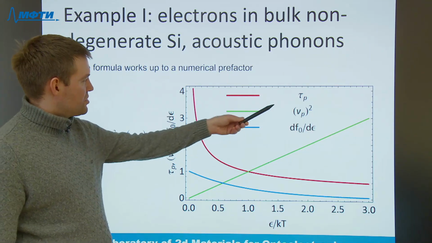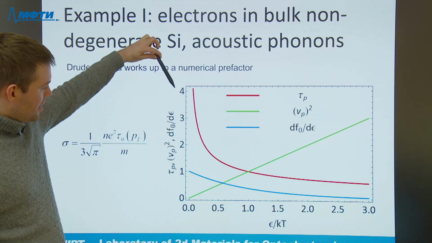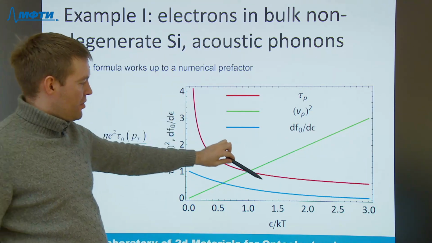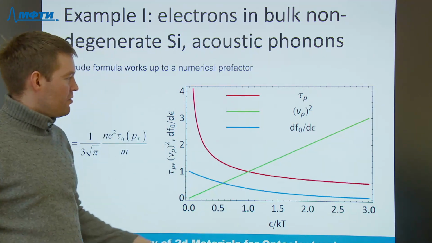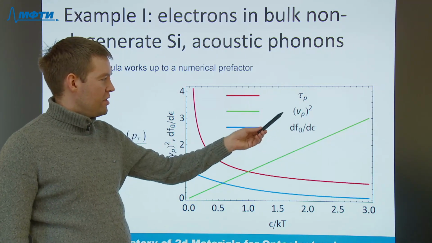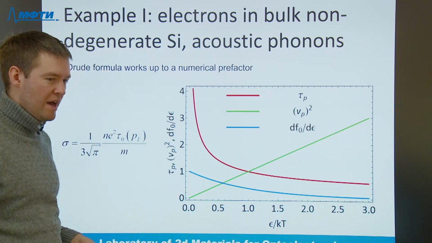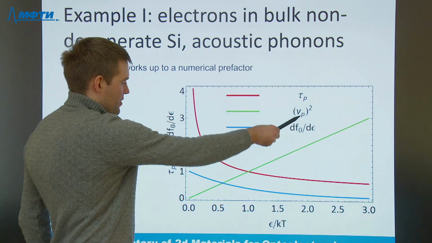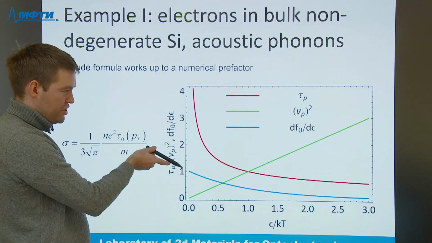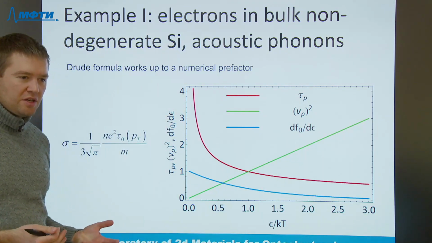You should average the momentum dependent relaxation time tau p, which is for acoustic phonons shown with the red line, multiplied by squared velocity and derivative of distribution function with respect to energy. So you multiply it by velocity squared, this is the green line, and average it over df0 over dE, which is the decaying exponential.